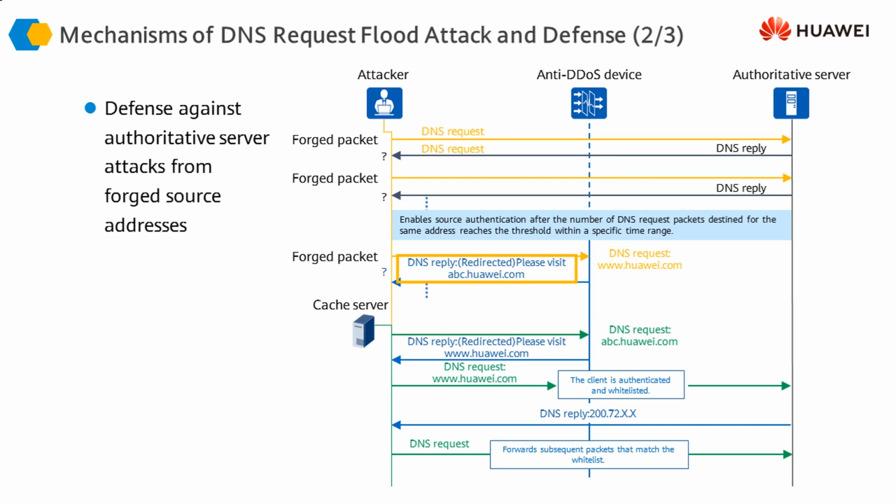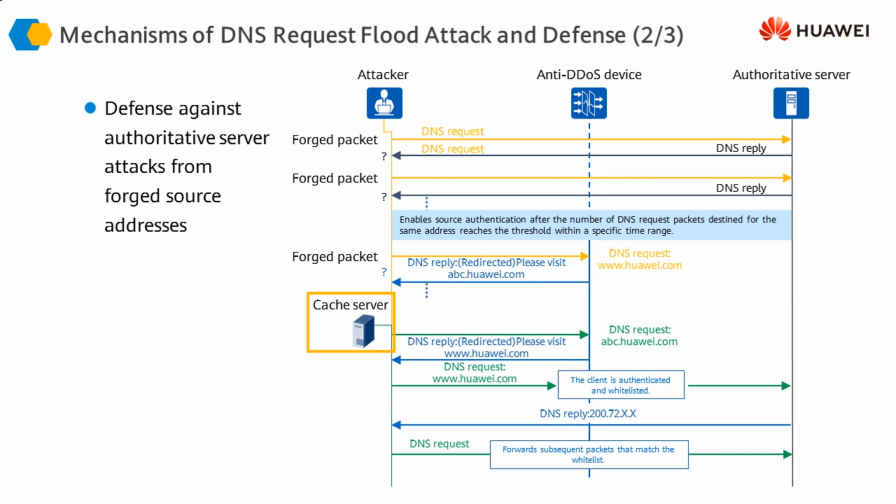For example, if a user sends a request for hostname www.huawei.com, the firewall is going to send a redirect message and say that please visit abc.huawei.com. Then if it's a forged source IP address, nothing is going to come in return.